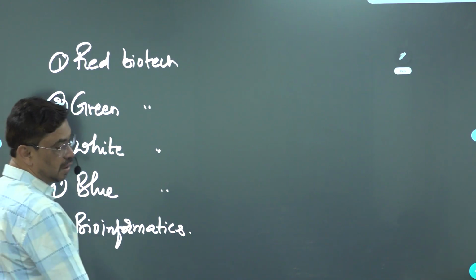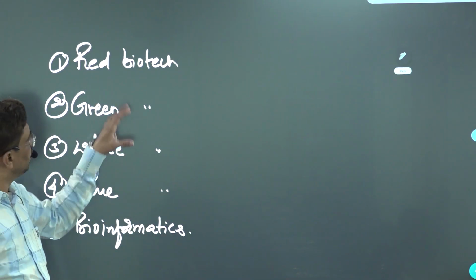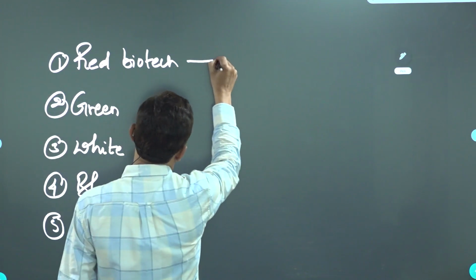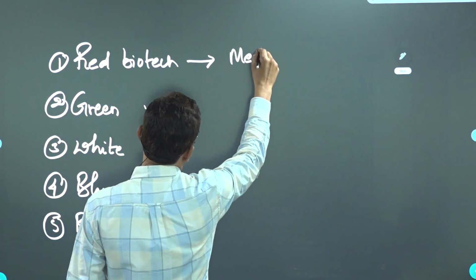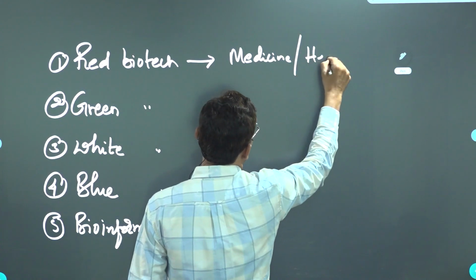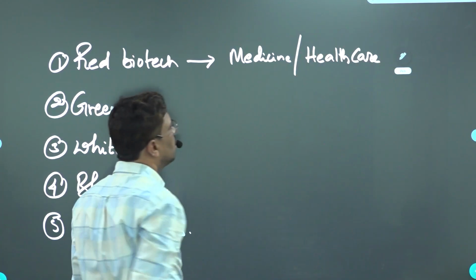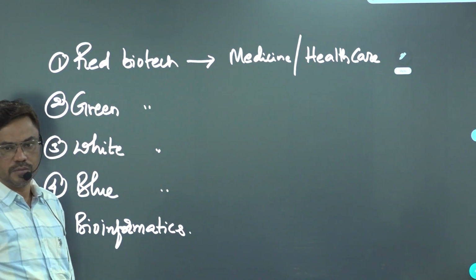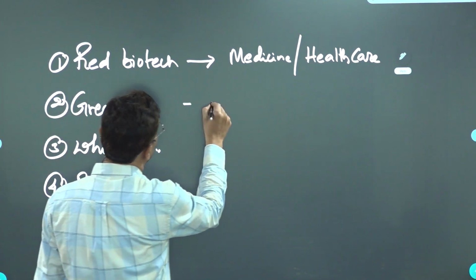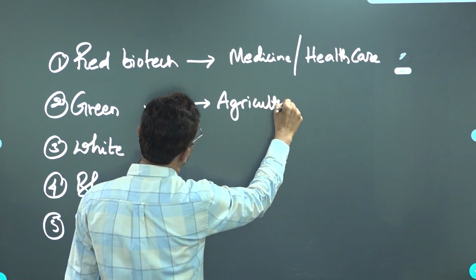Based on the applications of biotechnology in different fields, it has been given different names. Red biotechnology means the application of biotechnology in medicine or in the healthcare sector. Green biotechnology is the application of biotechnology in agriculture.